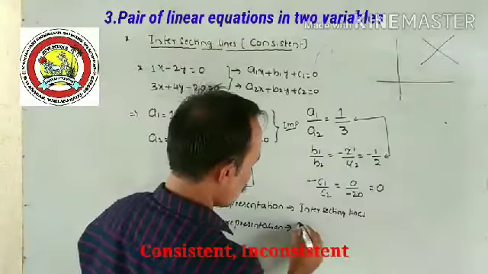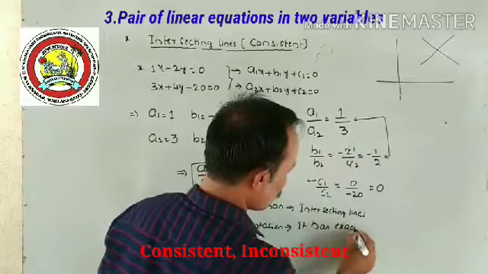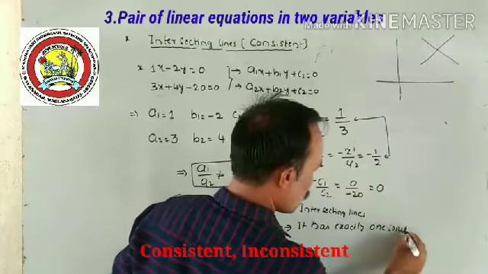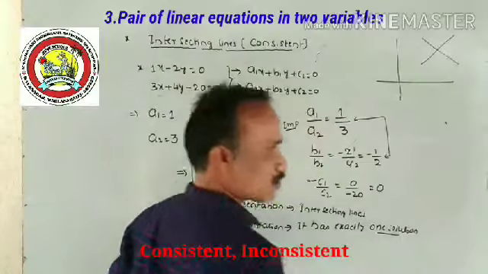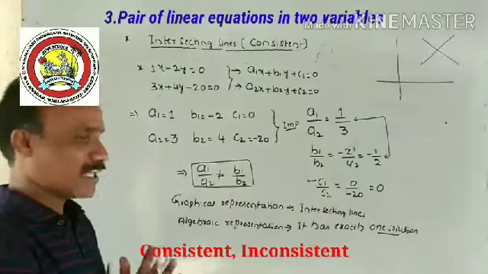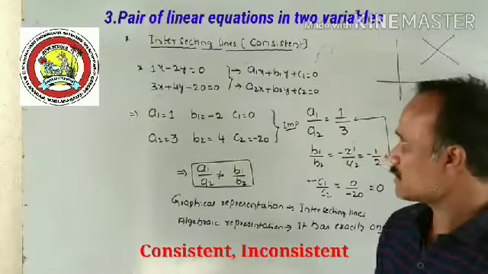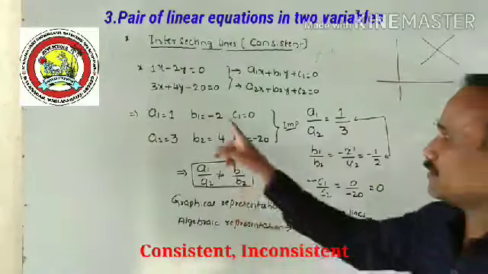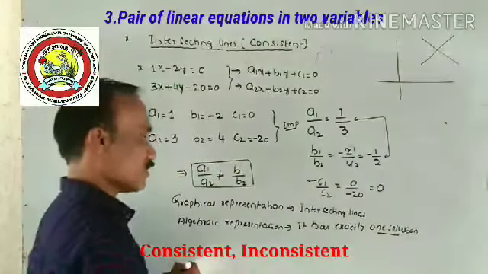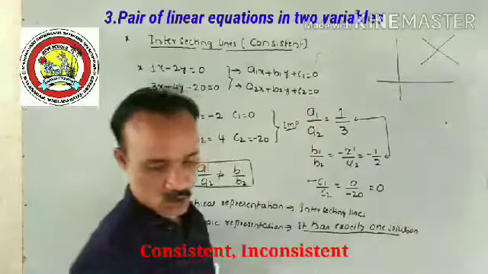It has exactly one solution. One solution means we can find the x and y values. Only one value of x satisfies both the equations, and one value of y satisfies both the equations. So it has exactly one solution.